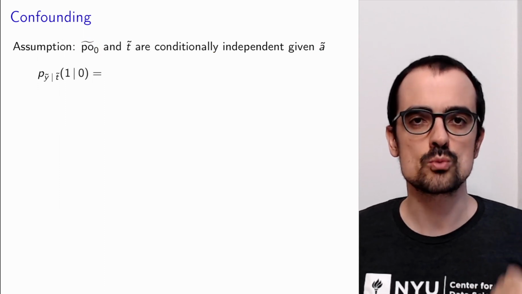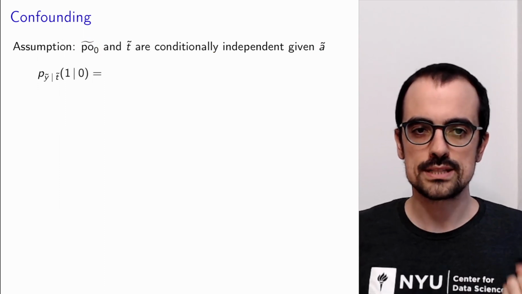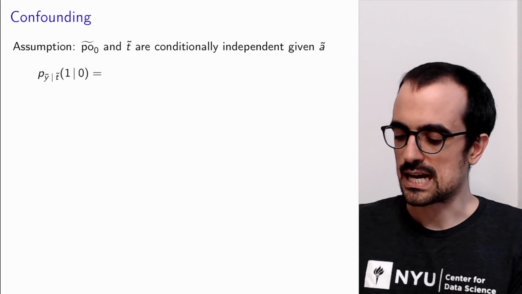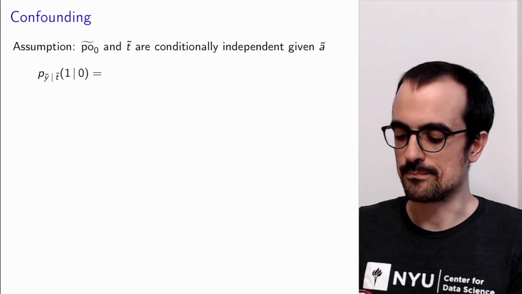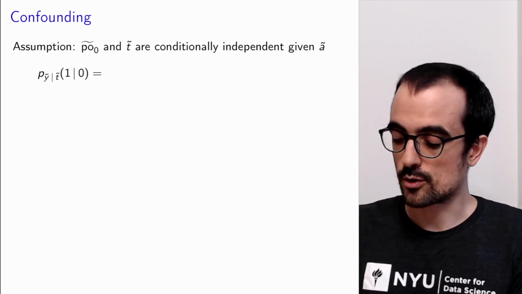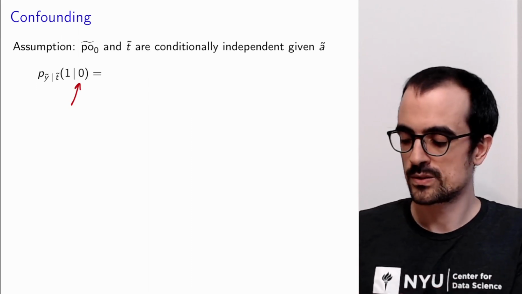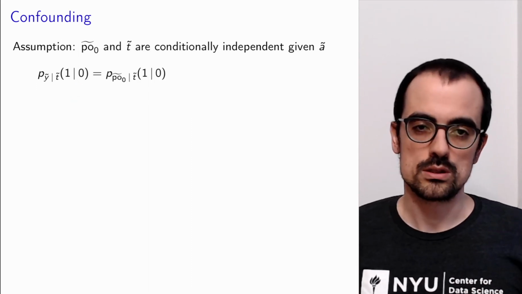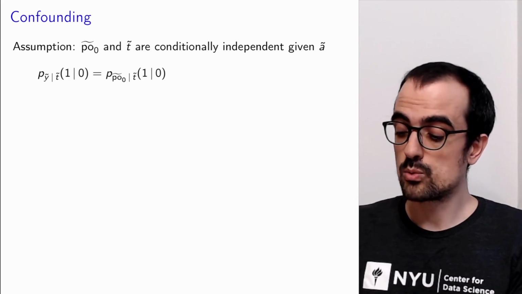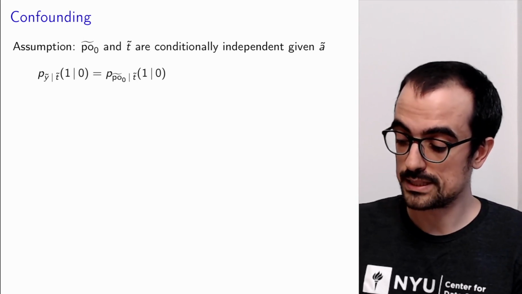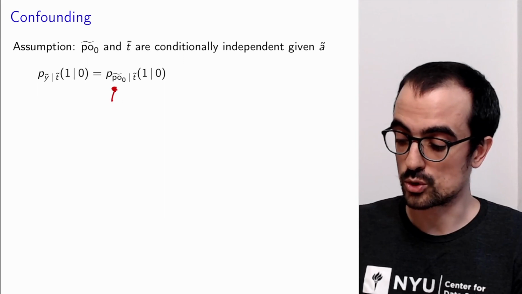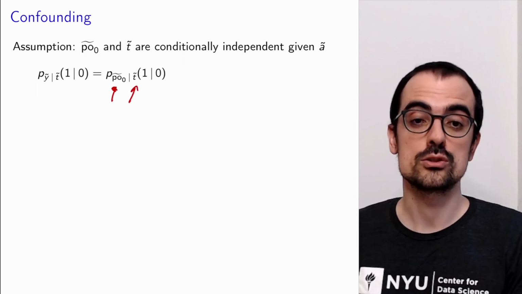And under that assumption, we're going to derive what is the value of our observed rate of recovery for people that do not receive treatment. So by definition, this is equal to the conditional probability of the potential outcome associated to no treatment conditioned on treatment.